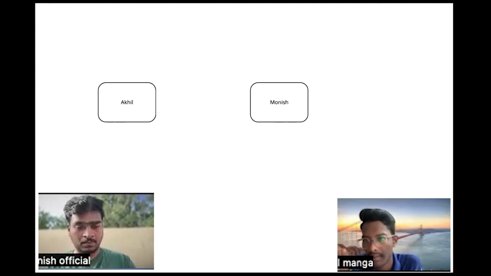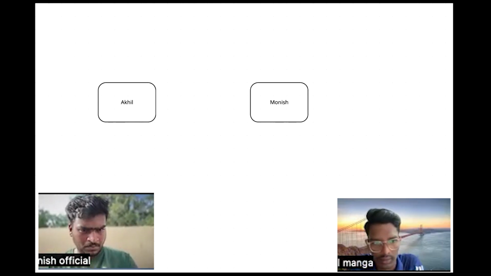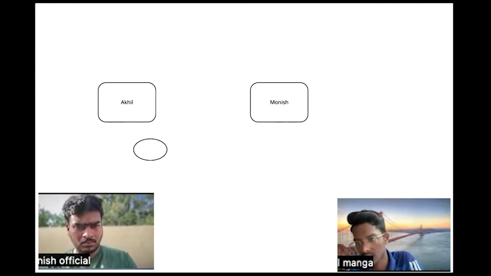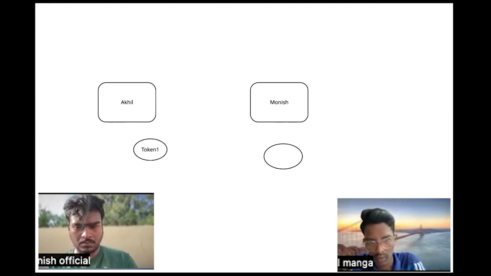So in this Web3, we'll be having tokens. Akil wants to send some tokens, token type one, a different token, to Monish, and Monish wants to send a different token, token two, to Akil.